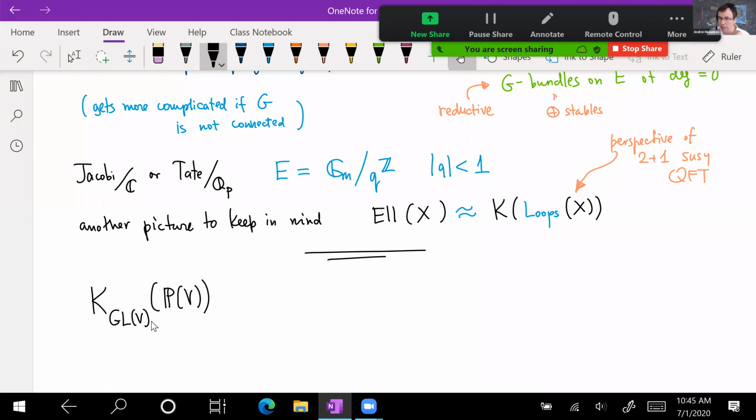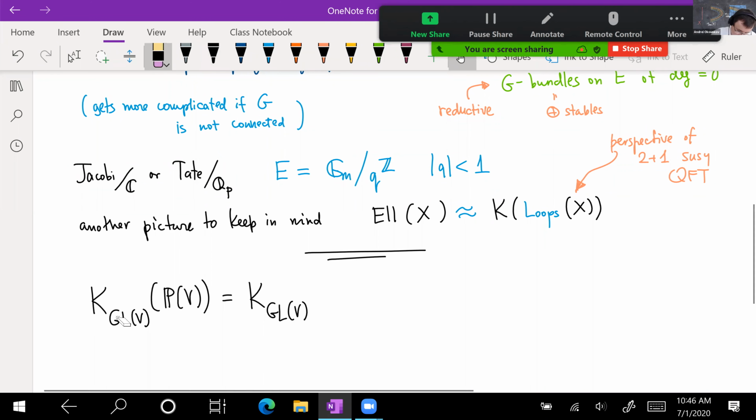The result is the same, but I'm just repeating what I said before. But in topological K-theory, you should really think not about this reductive group, but rather its maximal compact subgroup. And so we decided that you take GL_V-equivariant K-theory of a point.